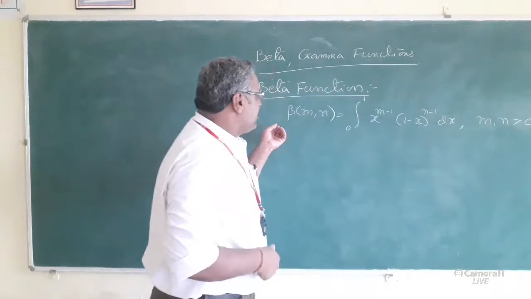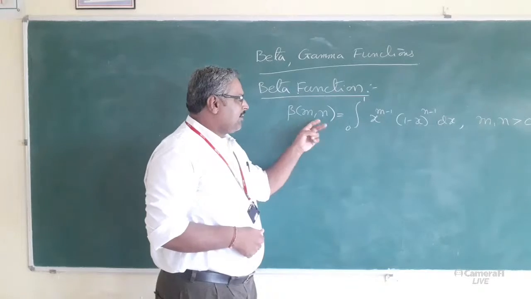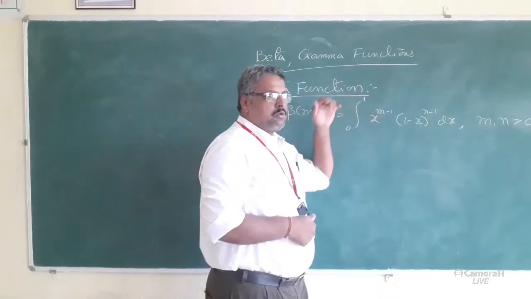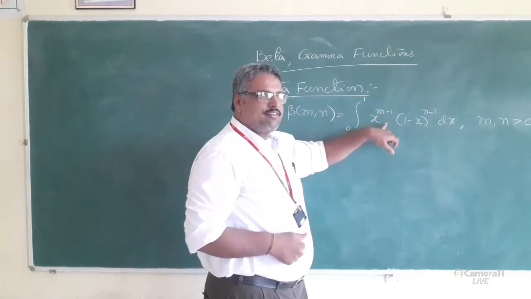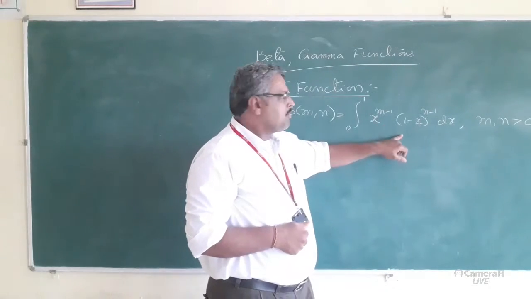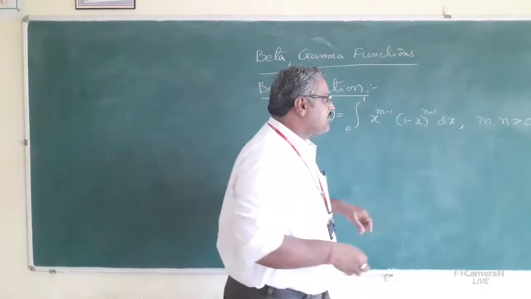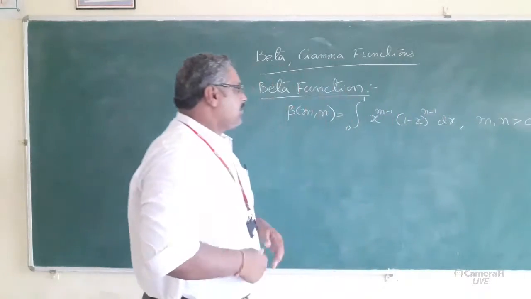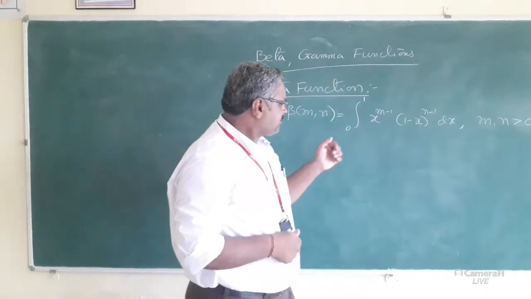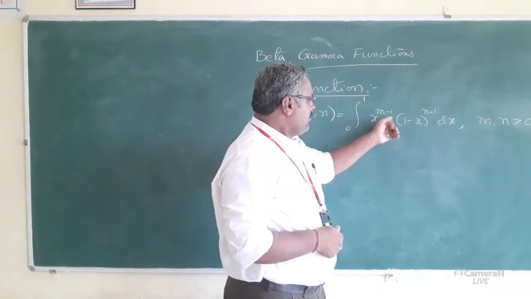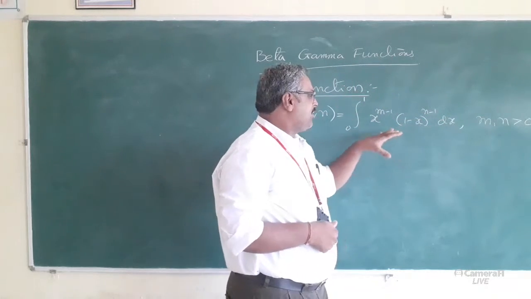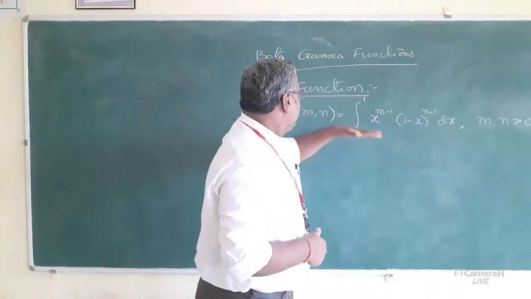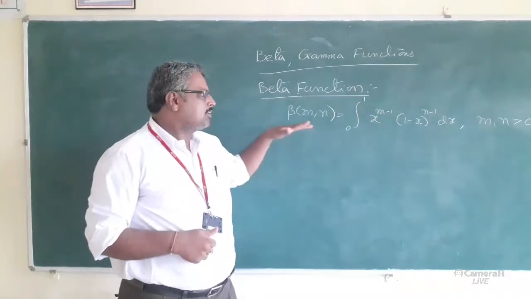So beta is a function defined on two variables m and n. Now what is the function? Integral 0 to 1 x power m minus 1 into 1 minus x whole power n minus 1 dx. If you evaluate this integral, you will get some expression in terms of m comma n. So this is the definition of beta function.